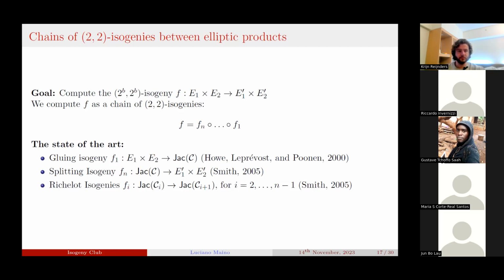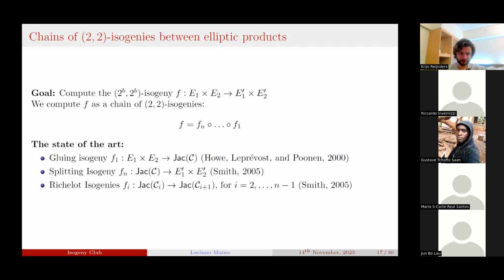Then there are all the intermediate cases. Actually, you might go through another elliptic product, but then you split the chain of isogenies again and look just at a chain where the intermediate steps are isogenies between Jacobians.